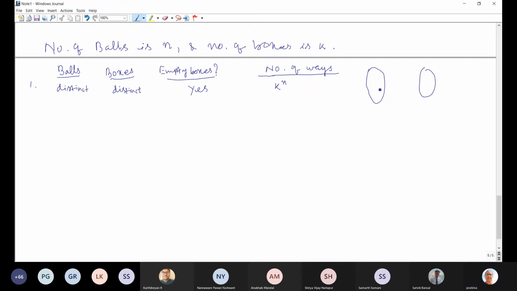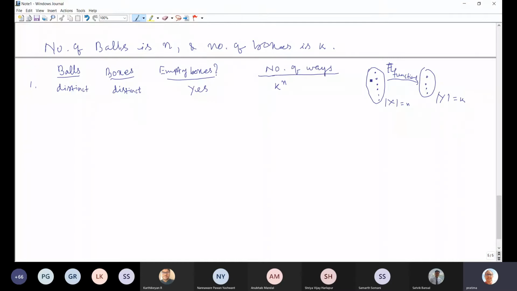Here the cardinality of x is n and the cardinality of y is k. So the number of functions from x to y.